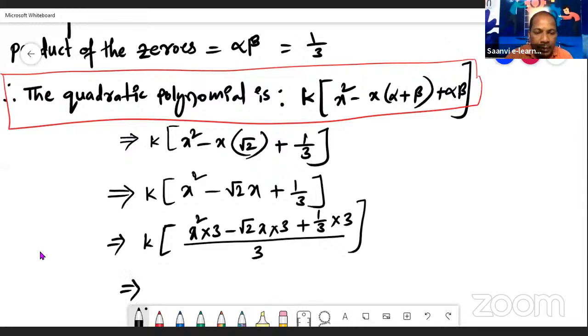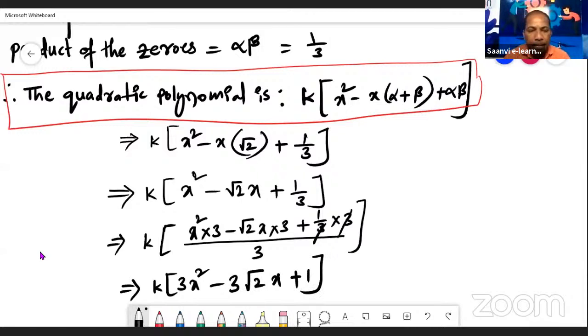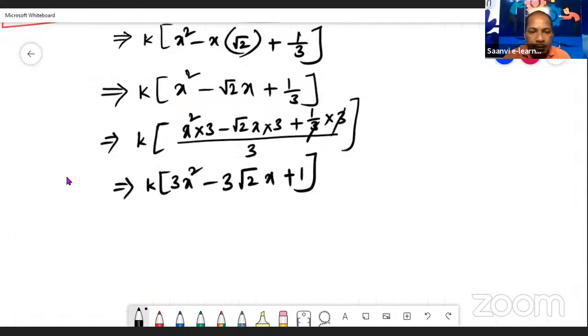So now let us see what we get. k of x square into 3, 3x square we get, minus root 2x into 3 means 3 root 2x plus here 1 by 3 cancels, 1 will be here. Okay. And down, how much? LCM 3 is there, no?